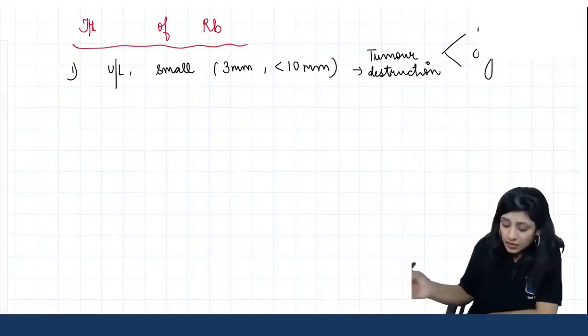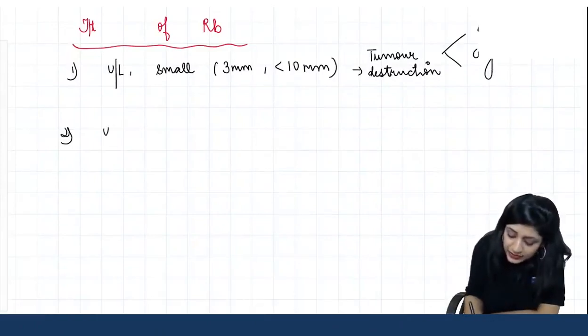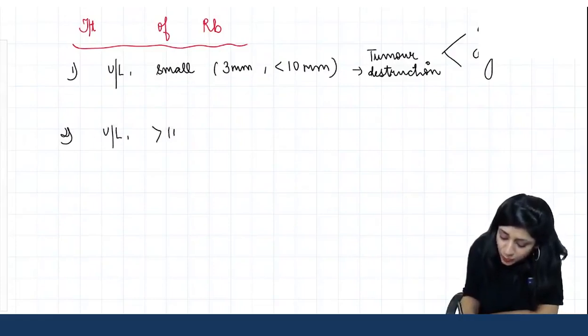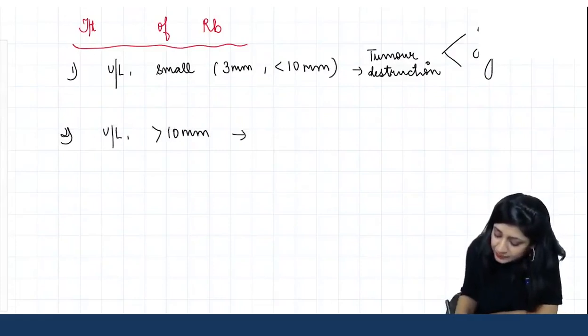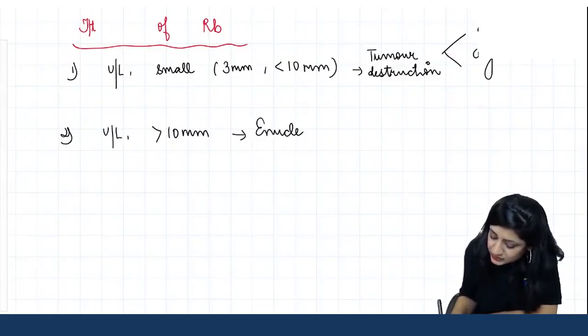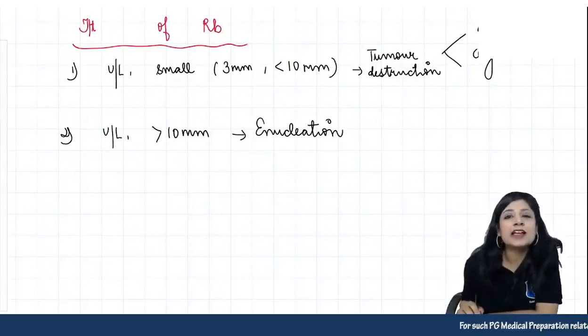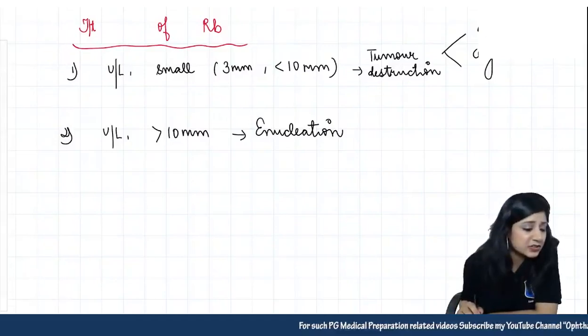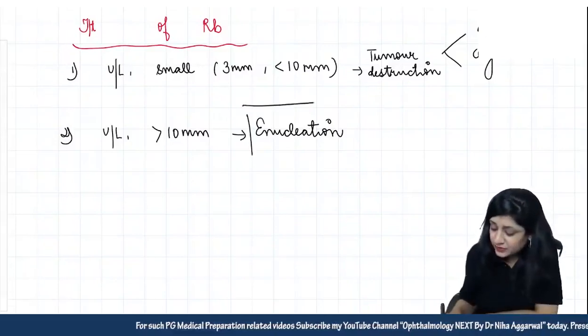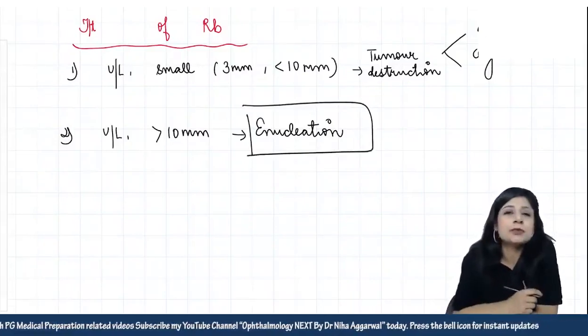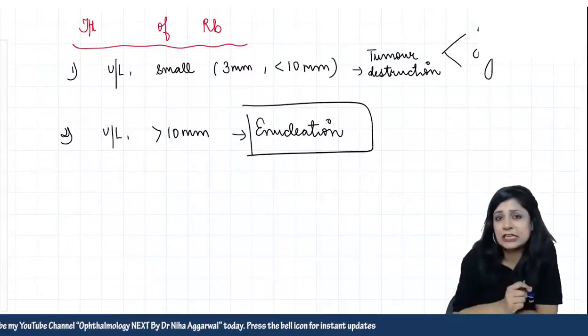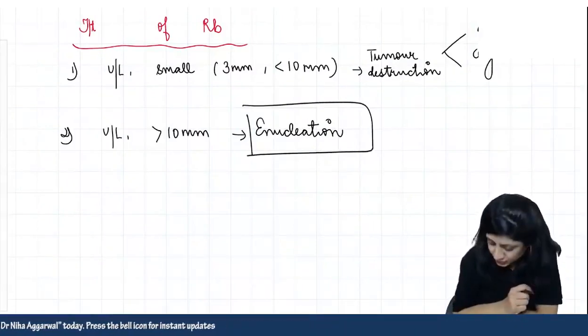But if I am having a unilateral tumor which is large, meaning more than 10 mm, then the treatment of choice is enucleation. What is the instrument that you use for enucleation, guys? What is the instrument of evisceration? Can you tell me the name of the instrument for the enucleation or the evisceration?